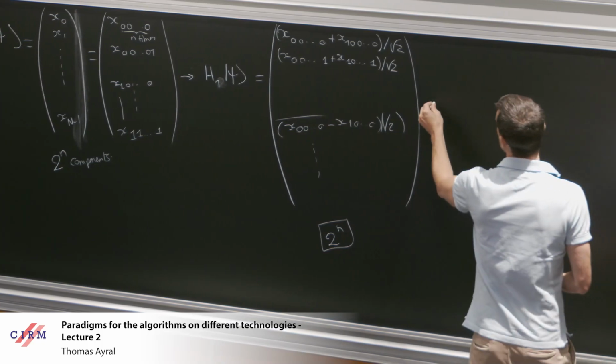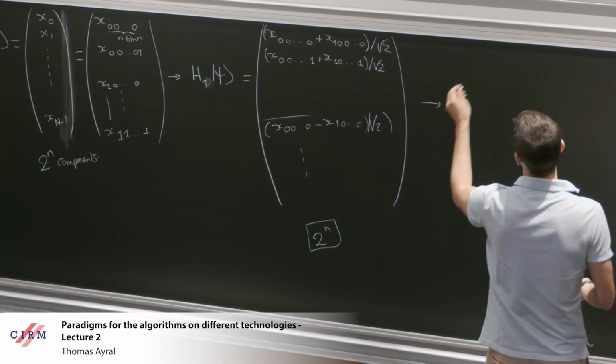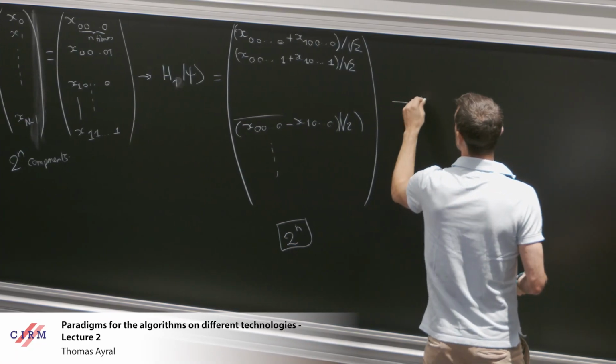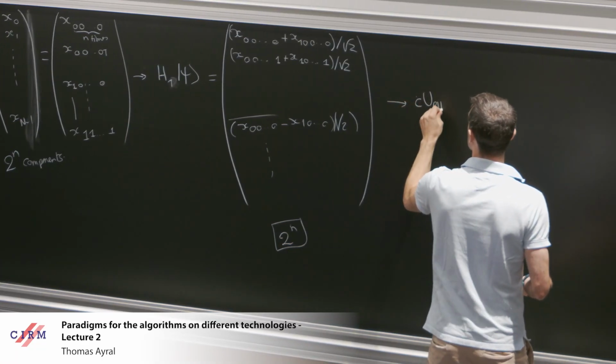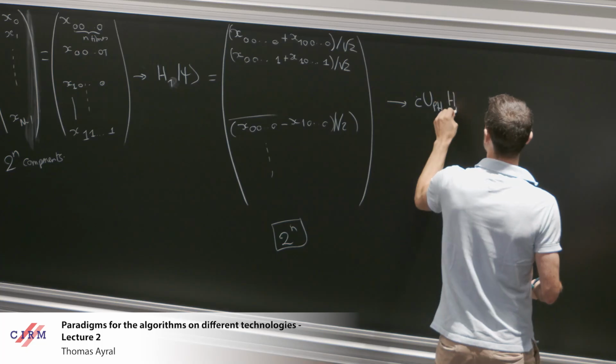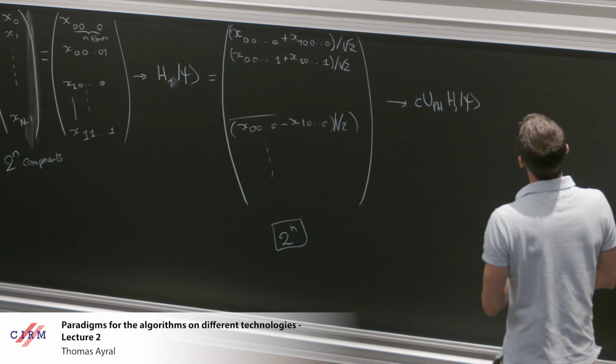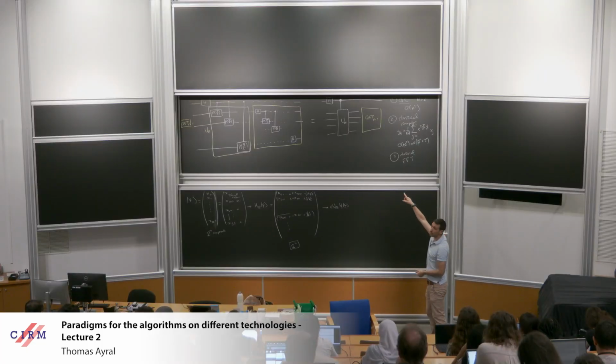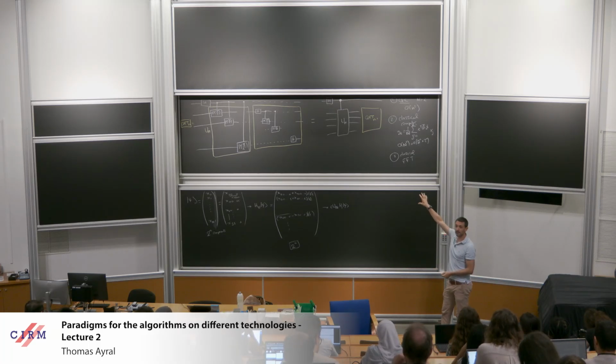Now, let's see what happens if I want to do the controlled U phase times H1 times psi. This is a controlled operation. You remember the matrix of a controlled operation was 1, 1, 1, and then the gate itself.